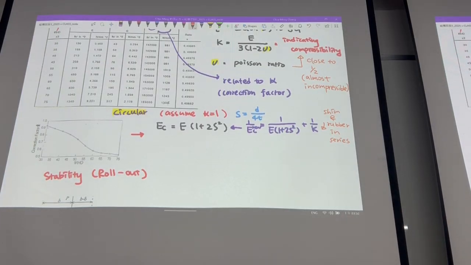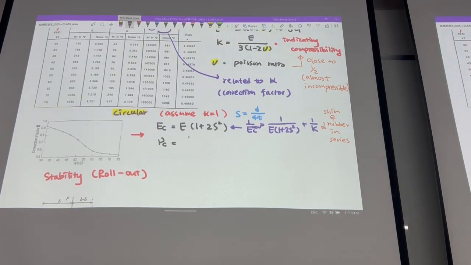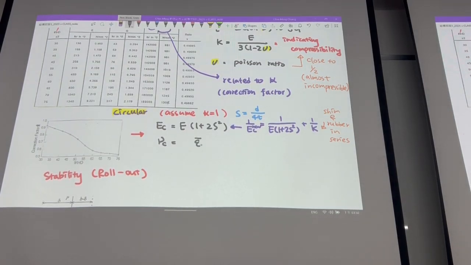The shape factor can also account for your shear stress. The relationship is just derived from theory. You take the average of the actual strength times 6 times your shape factor.